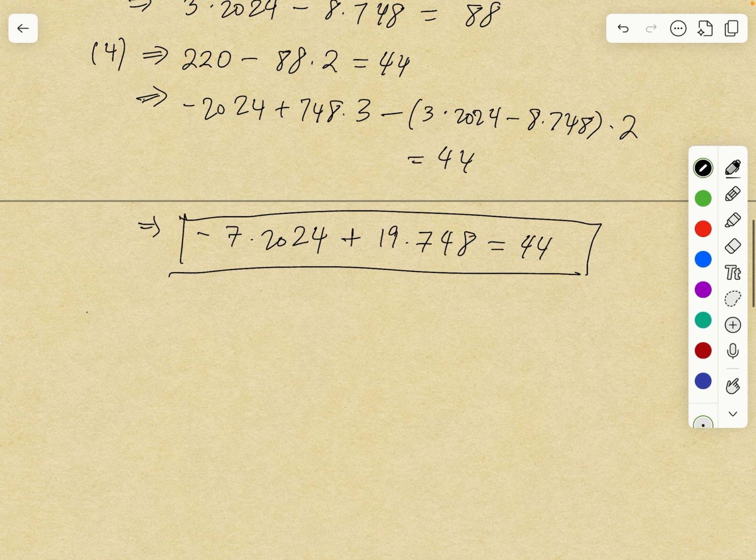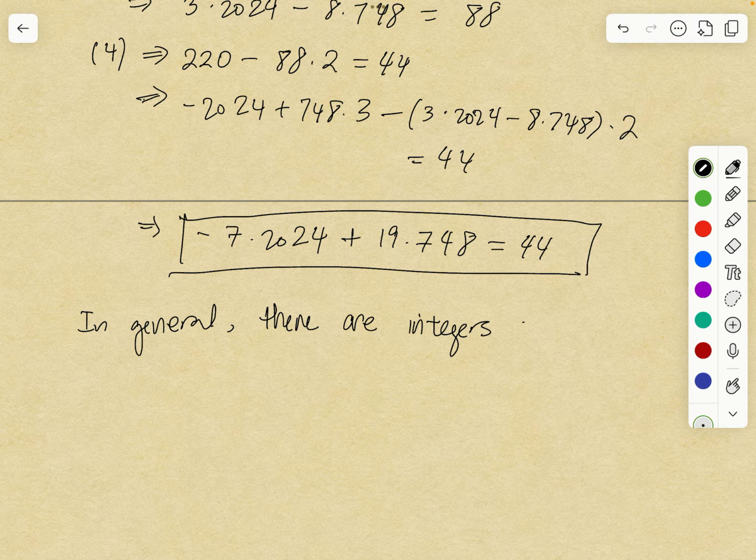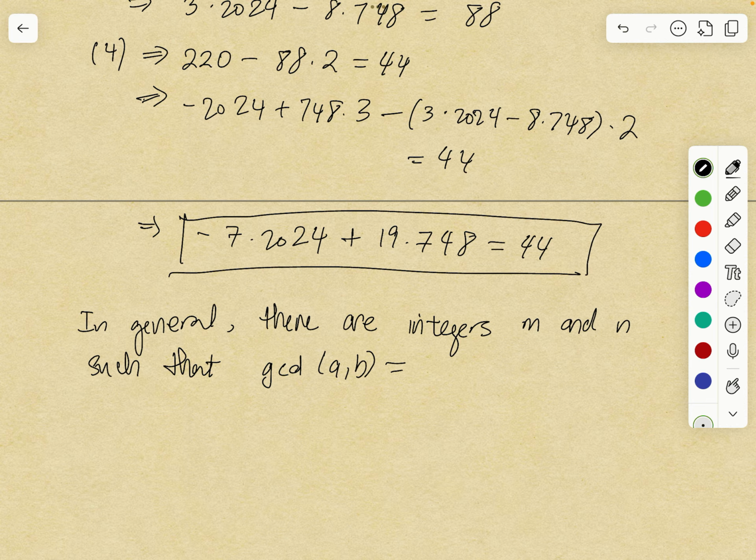So in general, given two integers a and b, there are integers m and n such that the GCD of a and b is equal to am plus bn.